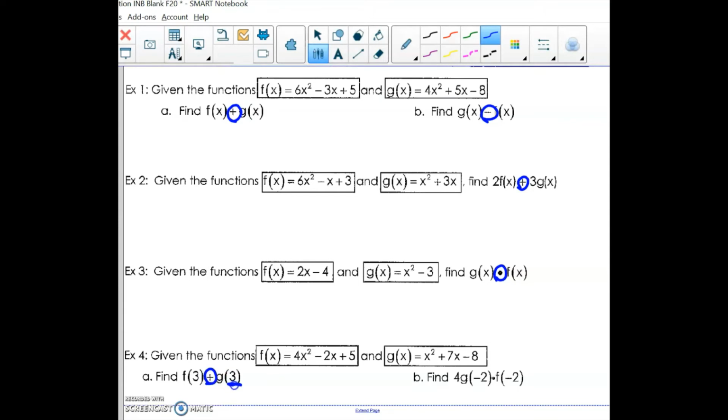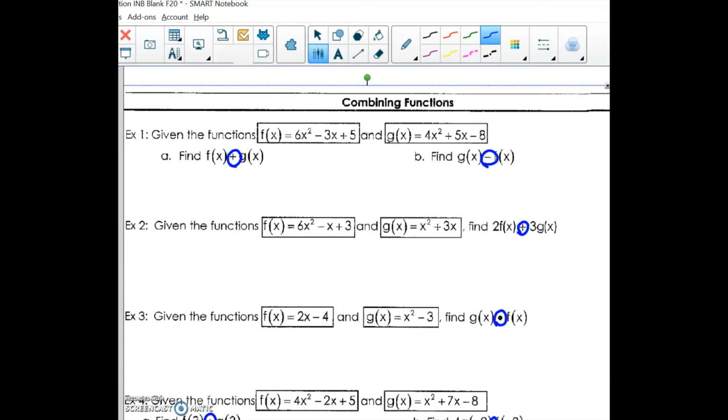Here you'll see there's a number inside the parentheses. And then again, there's some evaluating with some multiplication. Okay? So I'll show you a few of these examples. Let's clear that page.